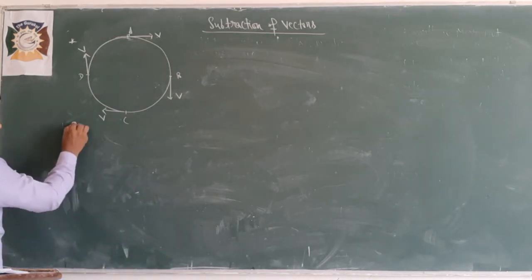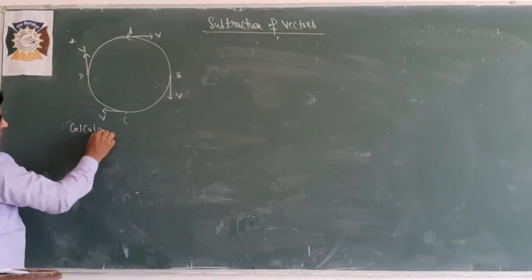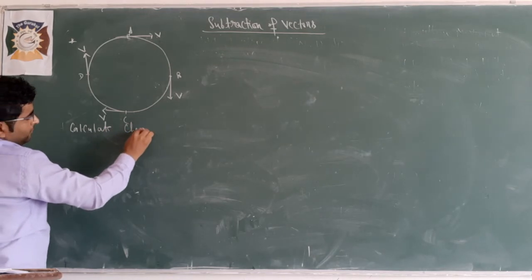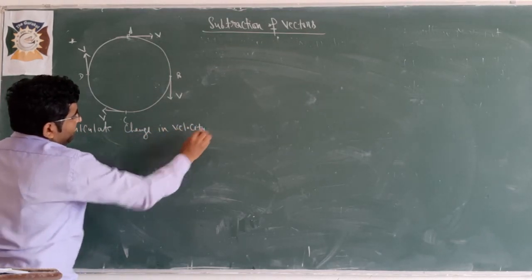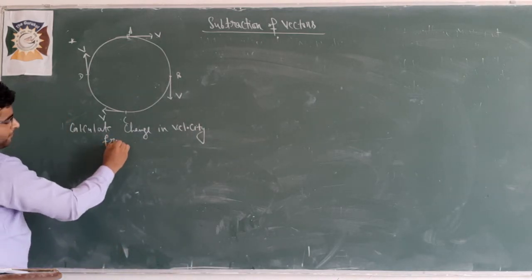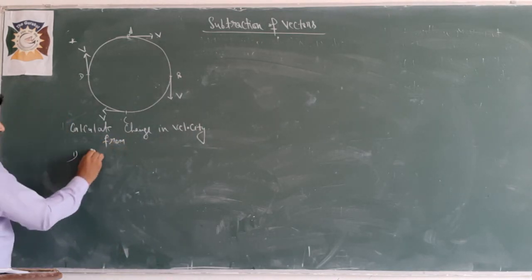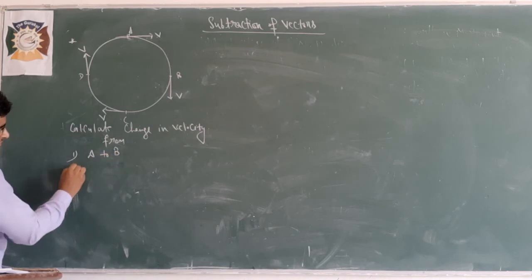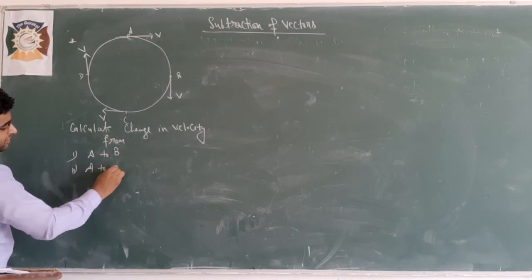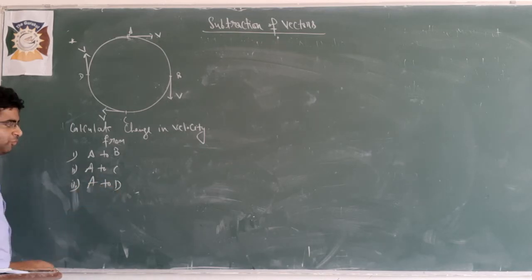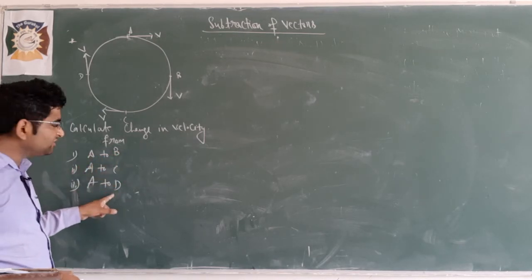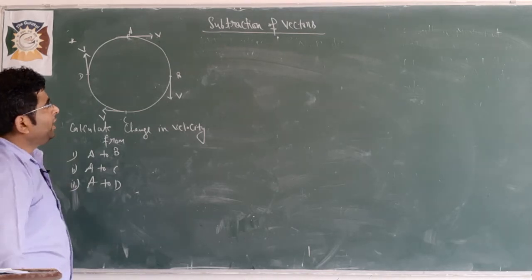So calculate the change in velocity from first A to B, second A to C, third A to D. The first two cases I will solve here, the third case is for you, you have to solve by yourself.